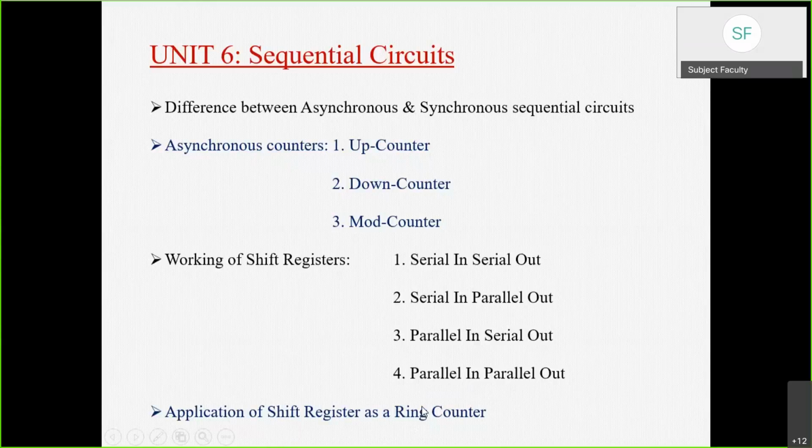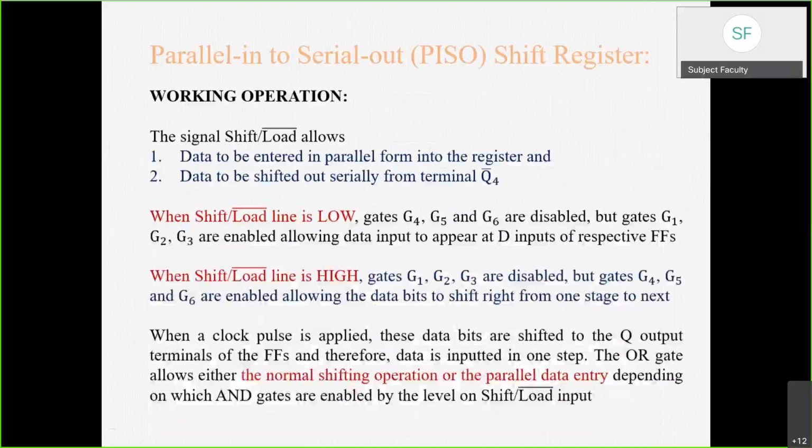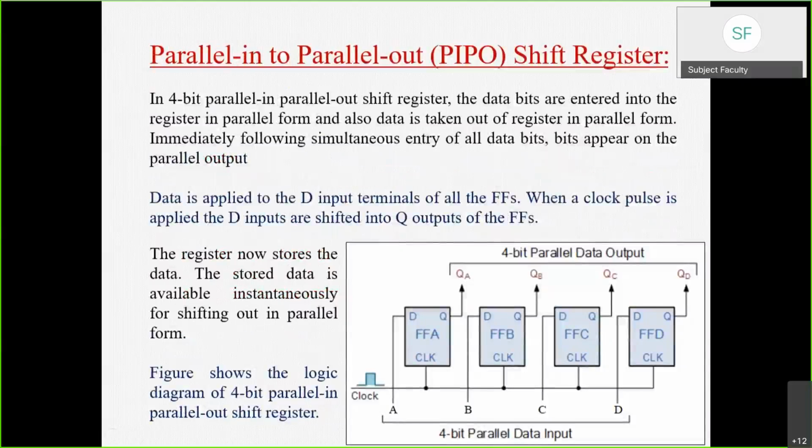So let's get started. I'm straightaway moving towards today's discussion, that is the parallel in, parallel out, PIPO, shift register. This is the circuit diagram or logic diagram of a 4-bit parallel in, parallel out shift register.